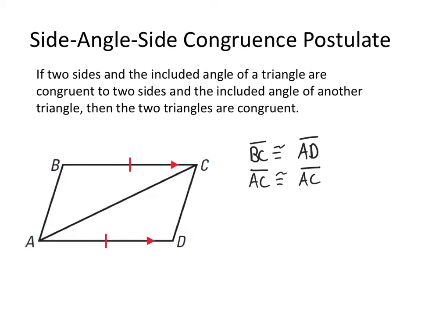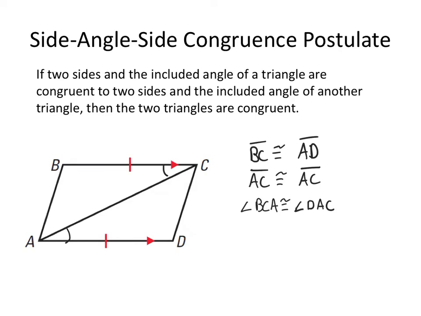You may also notice that BC and AD are parallel to each other. That's denoted by the arrows on their line segments. These parallel lines form a transversal with side AC, making angle BCA congruent to angle DAC because they are alternate interior angles.